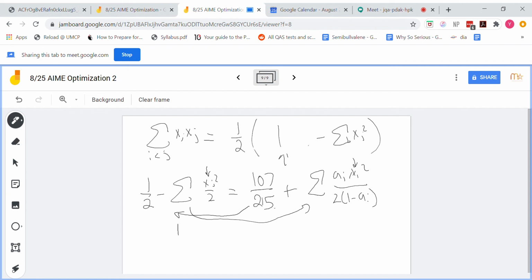We get 1 over 430 equals the sum of xi squared times 1 minus ai plus ai, over 2 times 1 minus ai.